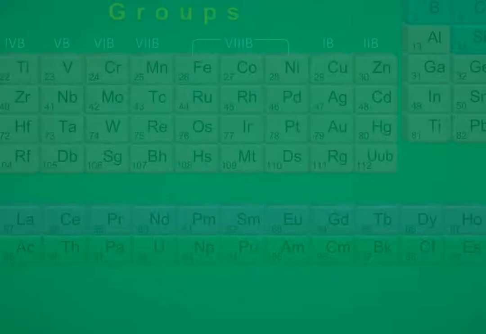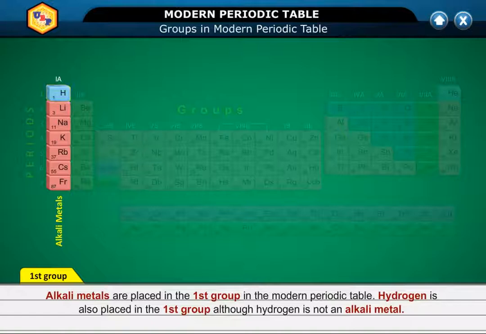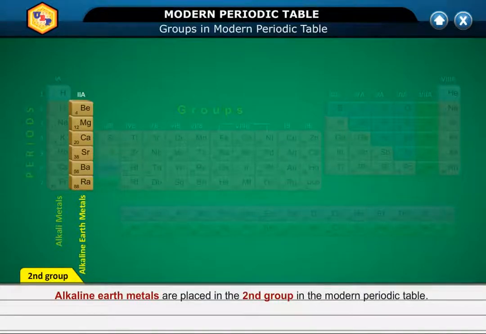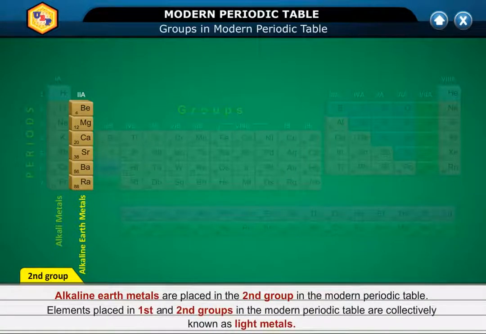Hydrogen is also placed in the first group, although hydrogen is not an alkali metal. Second group. Alkaline earth metals are placed in the second group in the modern periodic table. Elements placed in the first and second groups are collectively known as light metals.